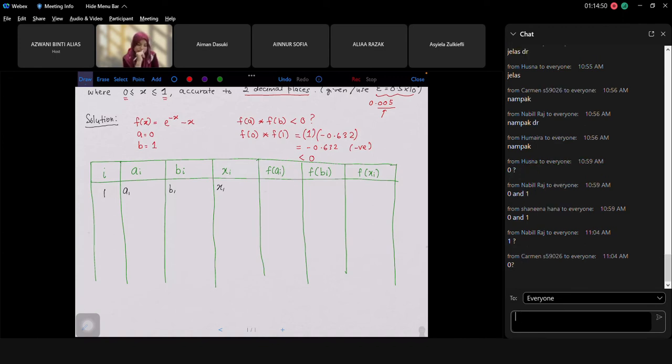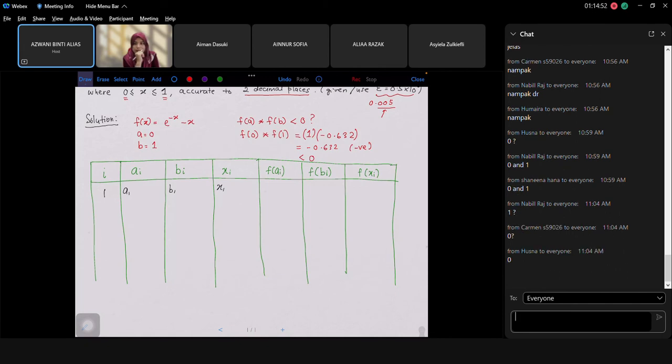Anyone? Kosong. Yelah, betul lah kosong. A should be less than B kan? So A1 kita adalah kosong. Saya tulis in term of 3 decimal places supaya systematic. So B1 kita adalah 1.